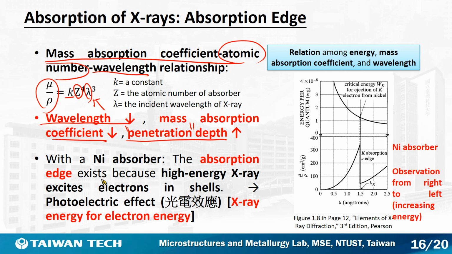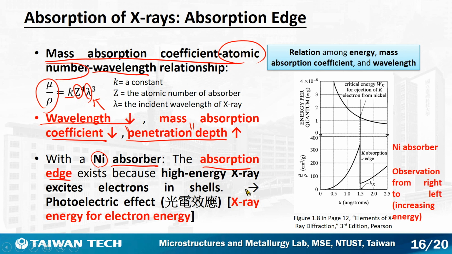Okay, and let's see this with a nickel absorber, 吸收的物质. This is an example. If we have a nickel absorber, then we will observe a phenomenon we call the absorption edge. Let's first go through this text.